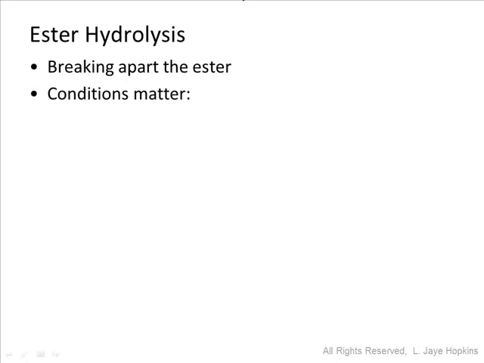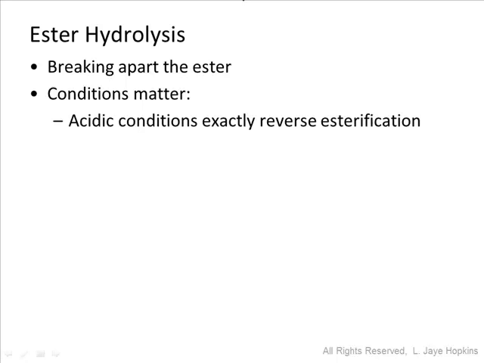However, it is important to notice that conditions matter. Most specifically, the pH conditions under which the reaction is done. When ester hydrolysis is performed under relatively acidic conditions, usually in the presence of an acid catalyst, what happens is we exactly reverse the esterification reaction.